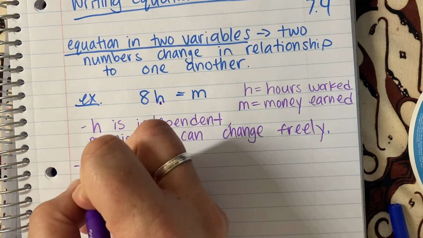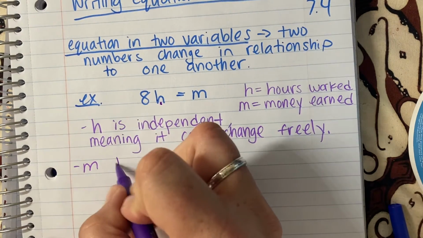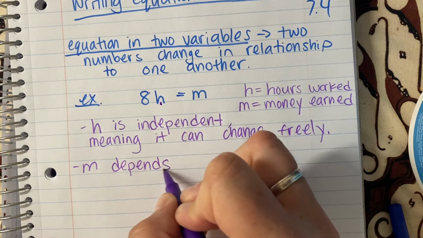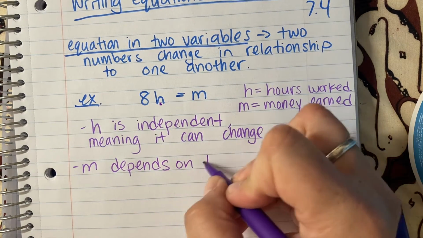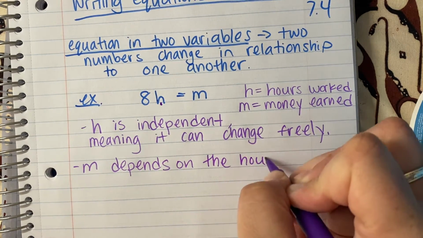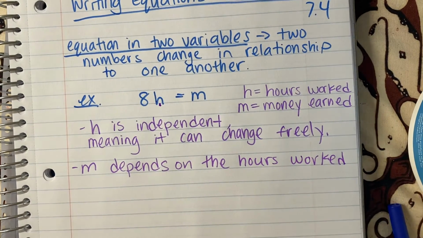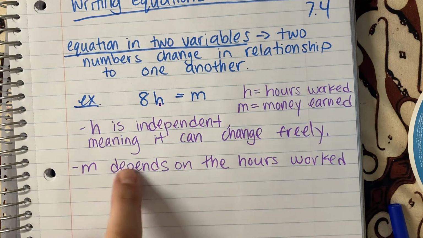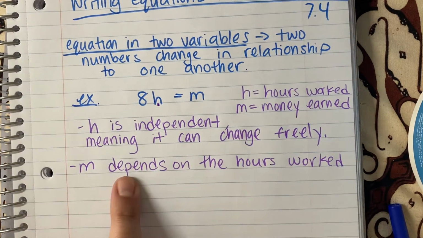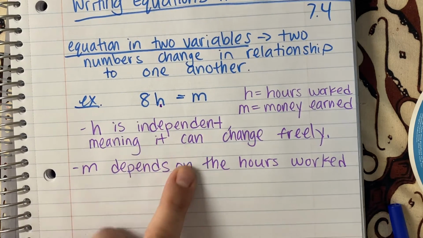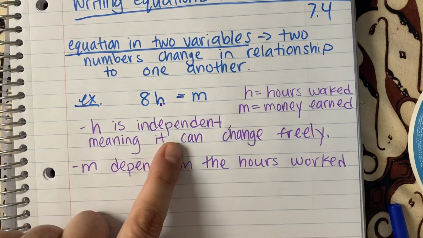Now in this case, m depends on the hours worked. So perfect example, unfortunately, what we're going through, boys and girls, some people's money earned is going to be zero, right? Or very little, because they're not getting hours, right? We're not getting hours at work right now.